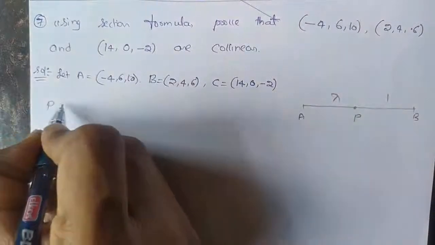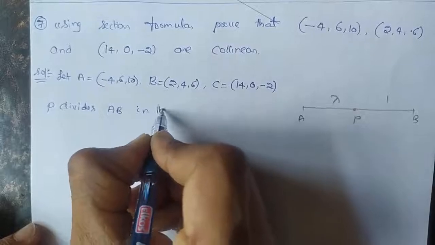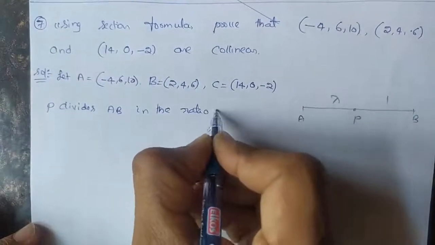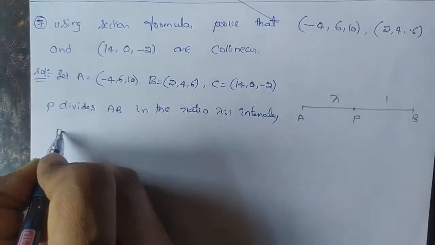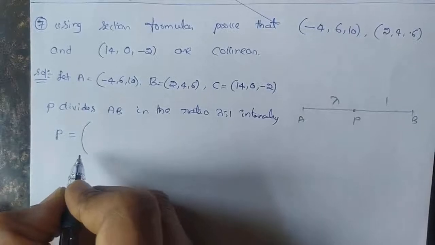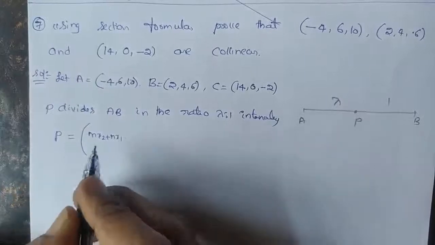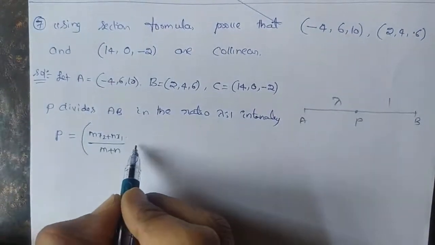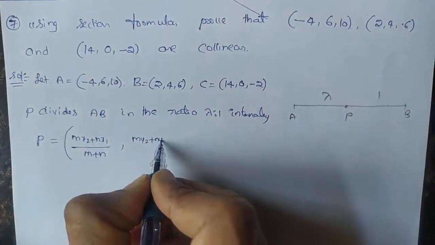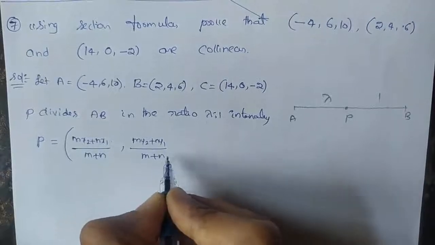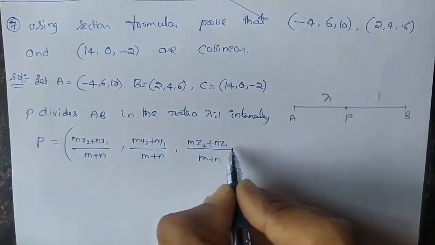Since P divides AB in the ratio lambda is to 1 internally, first find out the coordinates of the point P: mx2 plus nx1 by m plus n, my2 plus ny1 divided by m plus n, mz2 plus nz1 divided by m plus n.